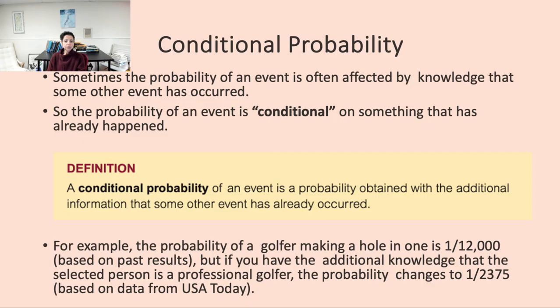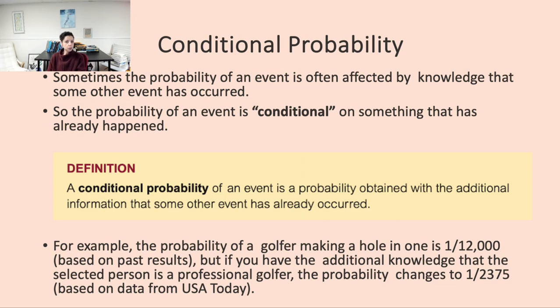For example, if we want to know the probability of a golfer making a hole in one, for a random golfer, based on past results, it's going to be 1 out of 12,000. But if you have the additional knowledge that the person that you select is a professional golfer, then that probability is going to change.